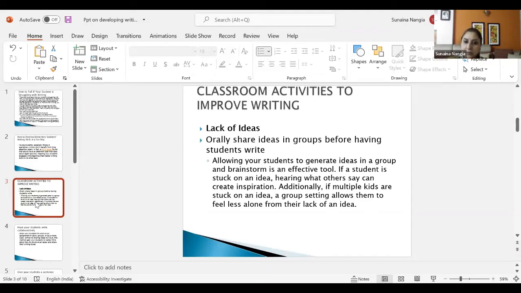So if they come to you, or if you identify the children, help them to speak to you about their ideas, and then help them with the sentences. So you could write like that. Once or twice, there's no harm in writing a short paragraph on the board as well.